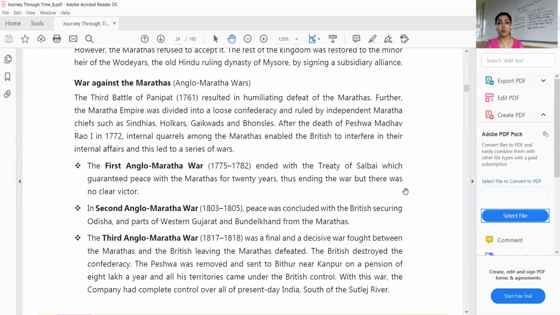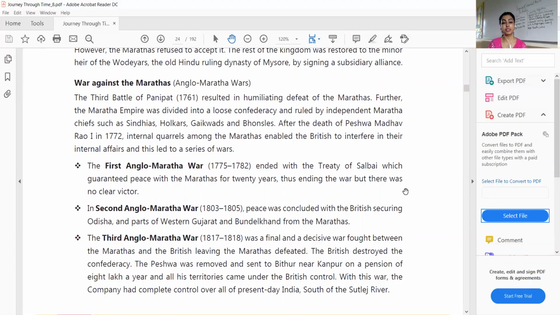Now let's look into the war against the Marathas. The third battle of Panipat, which took place in 1761, resulted in the humiliating defeat of the Marathas. The Maratha Empire was divided into a loose confederacy and ruled by independent Maratha chiefs.